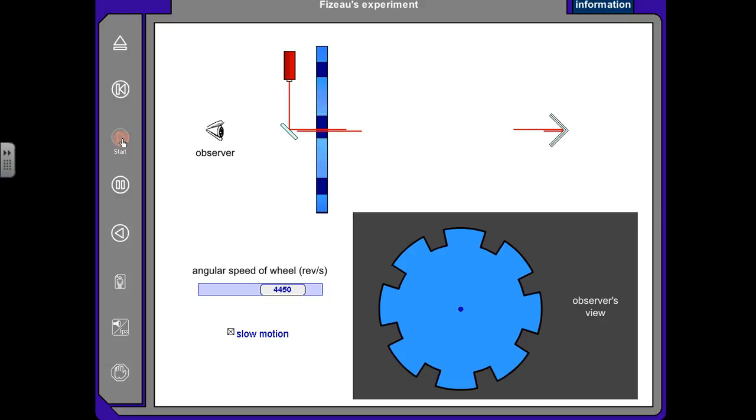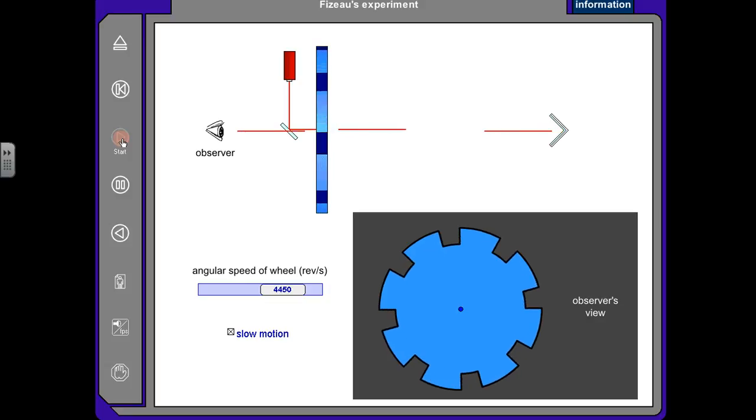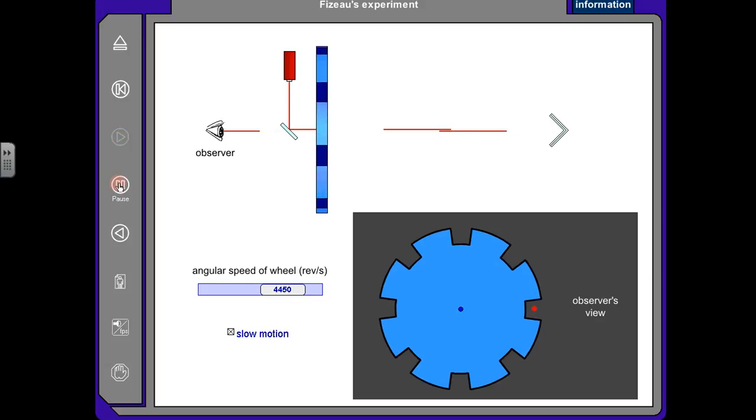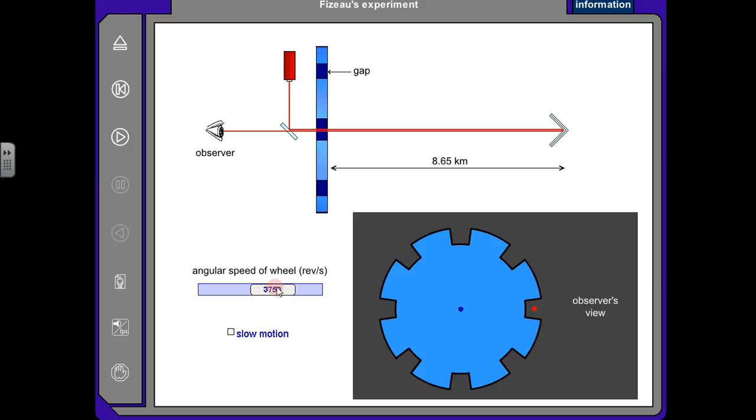Still hitting a little bit early. And is gone, yeah, so we got to go a little bit faster. So we'll reset and go to 4500.